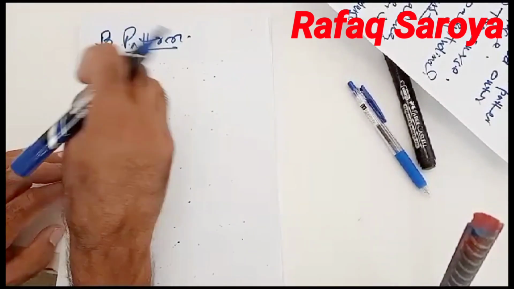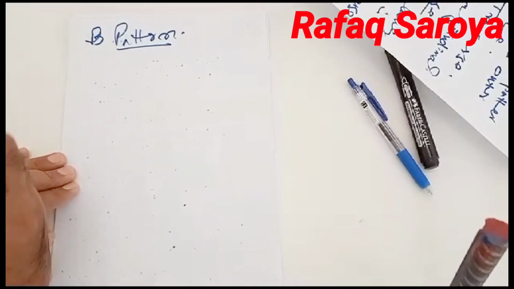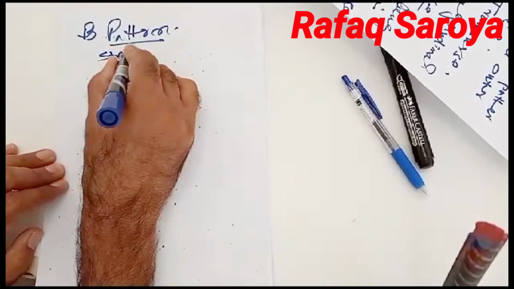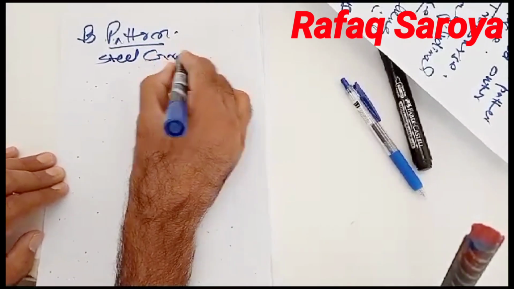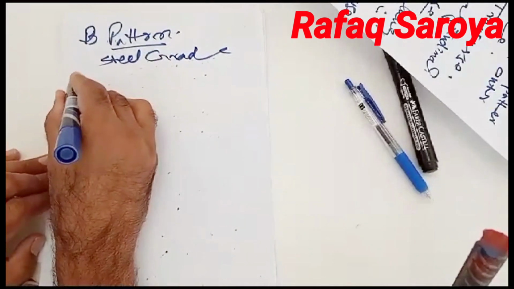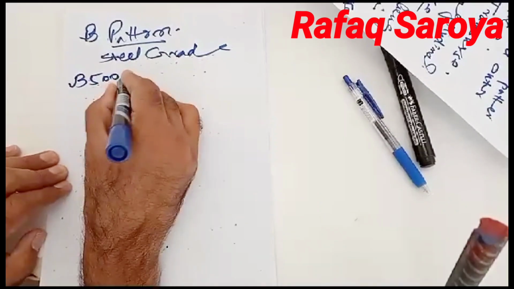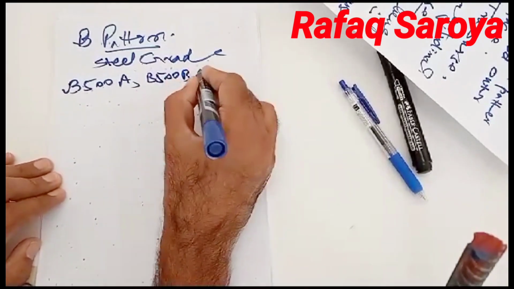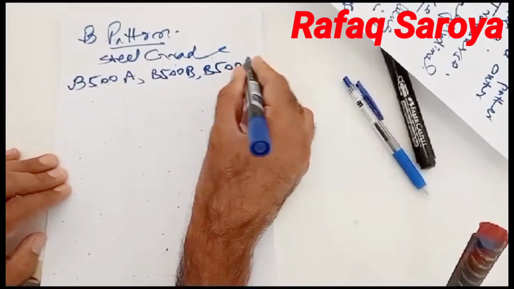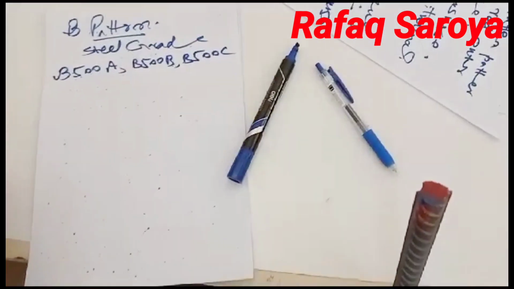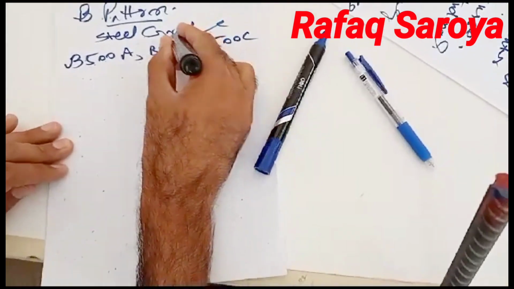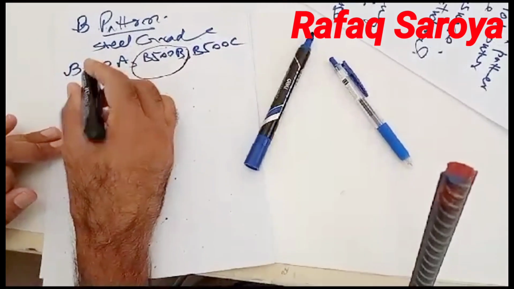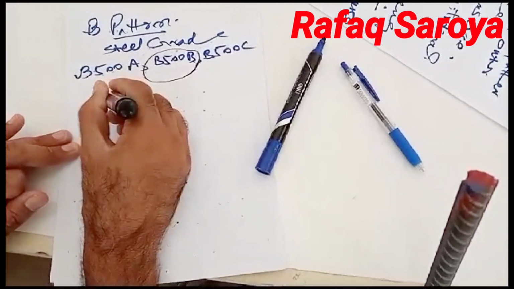Before I go on to explain how these ribs look like, please let me tell you, our steel grade is of the following types: B500A, B500B, and B500C. And my area of concern is only this one, B500B.